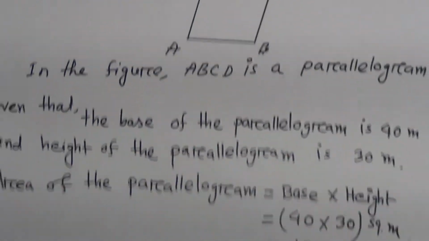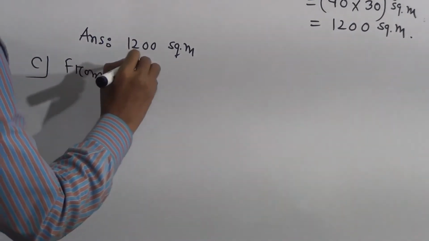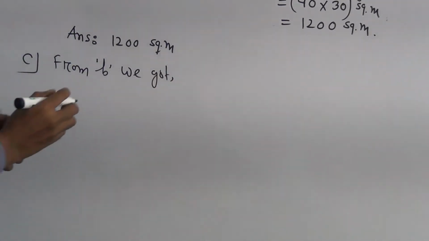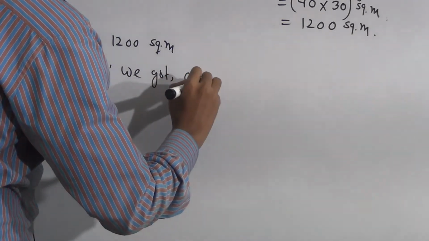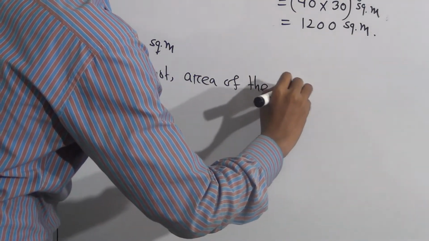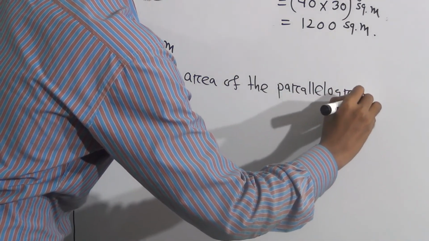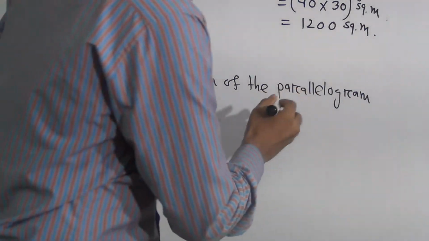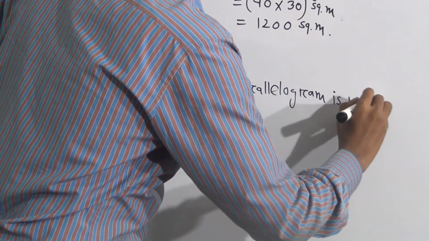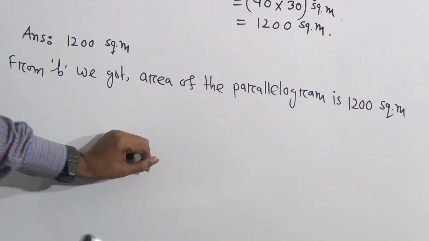From B we got the area of the parallelogram is 1200 square meter.